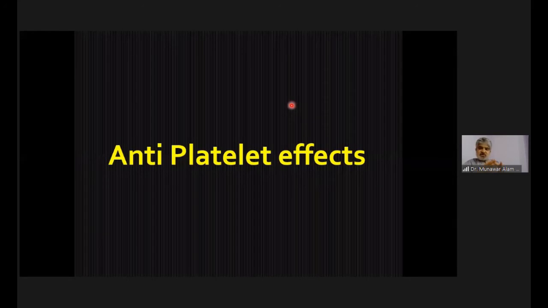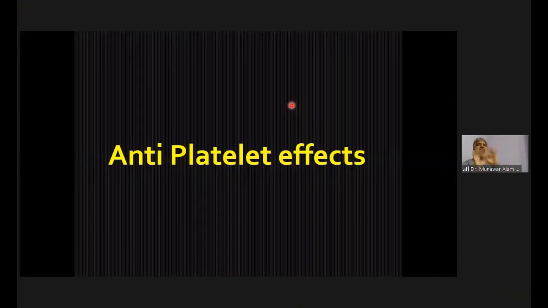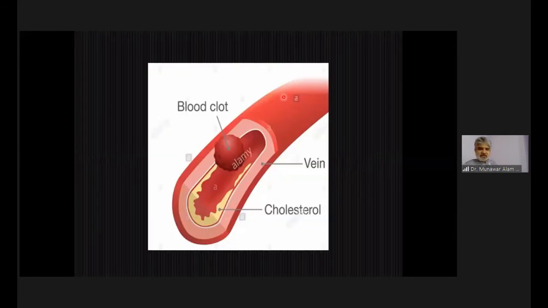So when there is a trauma, there is release of these prostaglandins, and there are intravascular bleeding spots, and that platelet aggregation causes plugging of those bleeding spots, and we don't bleed. This is called platelet aggregation. But what is the side effect of this platelet aggregation? This aggregation causes the blood clot.